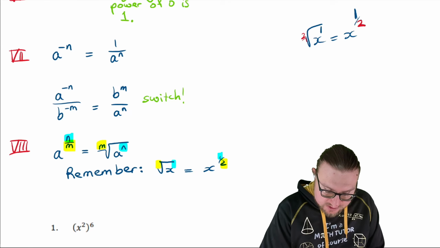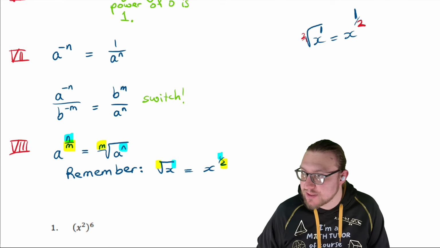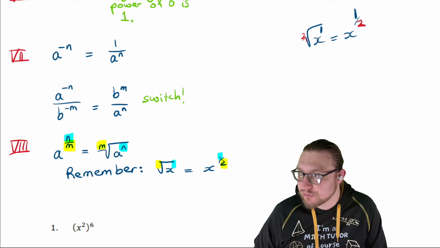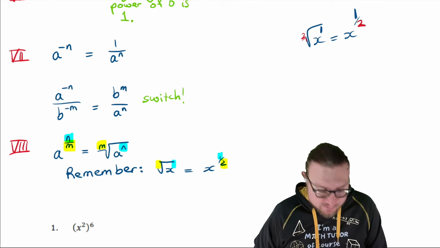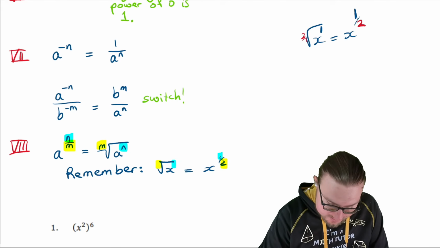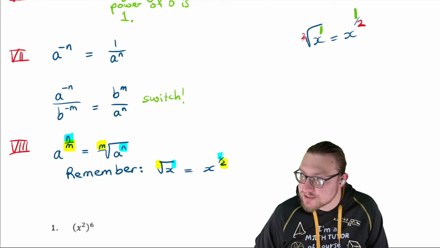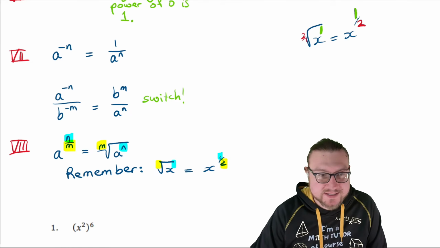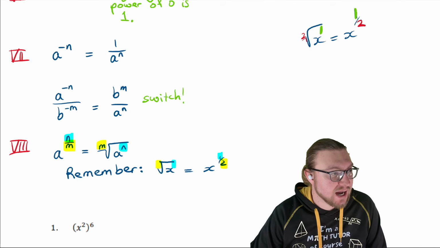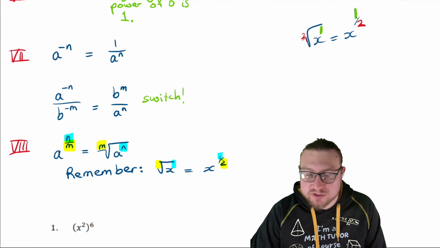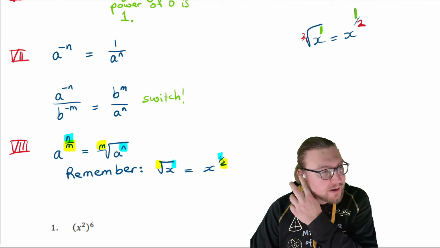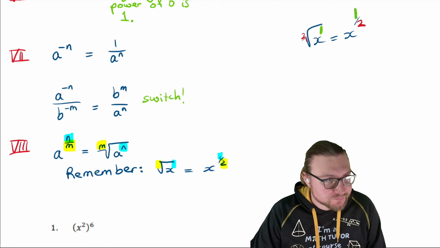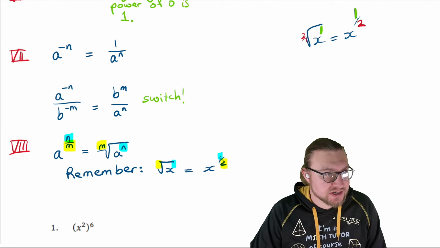Well, there always has to be something inside the radical under the square root, for example, so we can see where they come from and match them ourselves. I'll make them green. There we go. So as long as you remember that the square root of x is the same thing as x to the half power, then you should be able to do any fractional power question, even without the formula sheet, if you guys happen to lose that one.